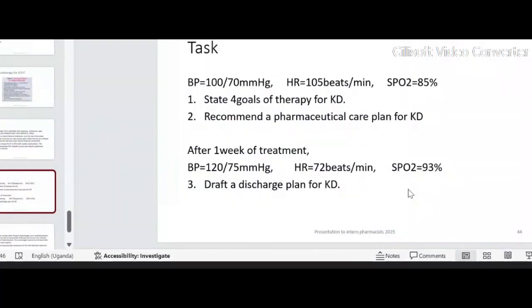Remember, goals of therapy must be specific, time bound, and measurable or objectively quantifiable. Remember those 3 things: measurable, specific, time bound. You have seen the abnormal findings. What are the goals of therapy for this person?